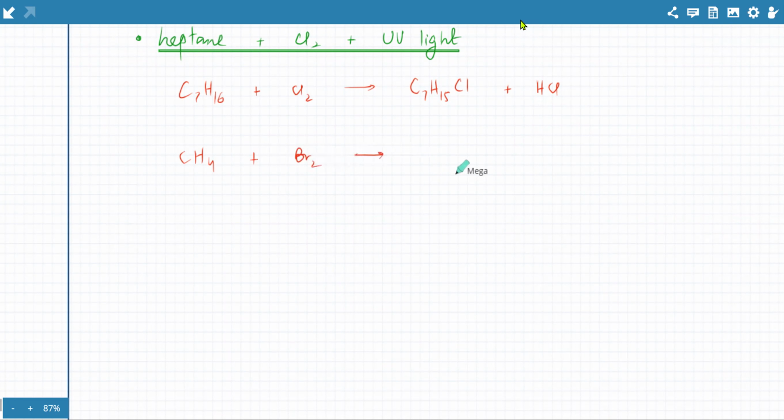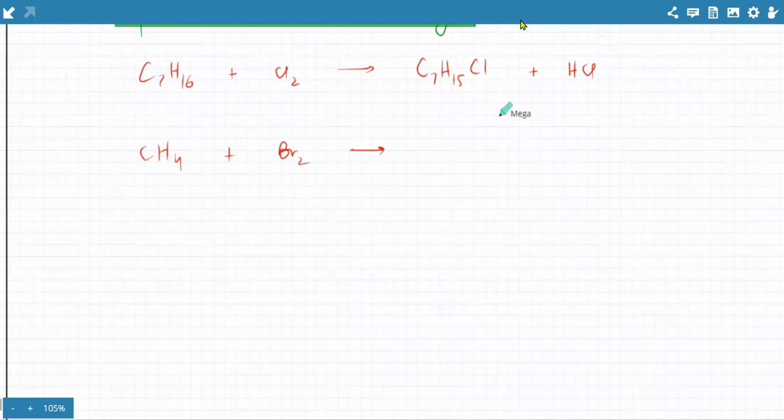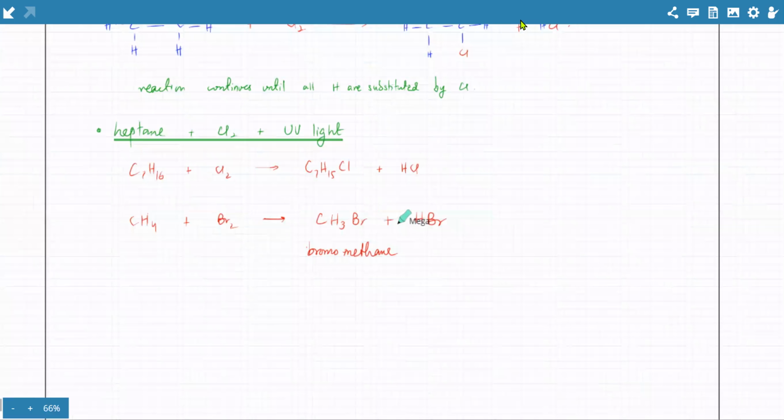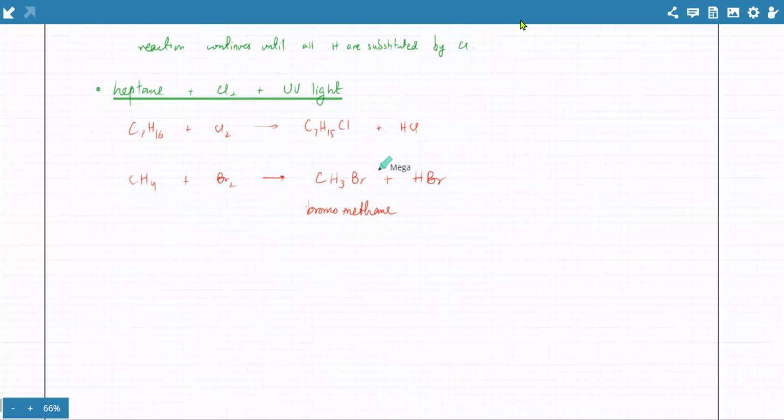Remember, halogens are diatomic, so unko Br2, Cl2 etc. लिखोगे. अच्छा, one of the hydrogens is going to get substituted by Br, and the H that gets removed will form HBr. This would be known as bromomethane. मतलब methane था लेकिन now it's bromomethane because there's one bromine also attached in the molecule. साथ clear है ये reaction?